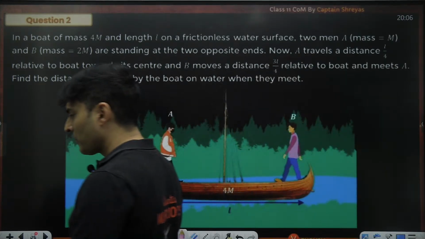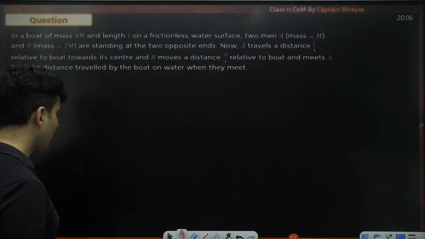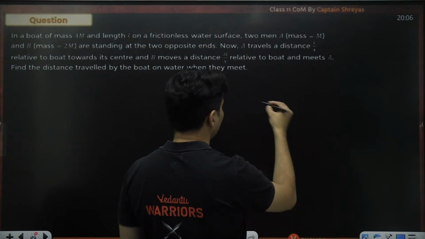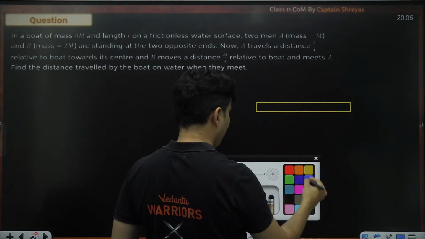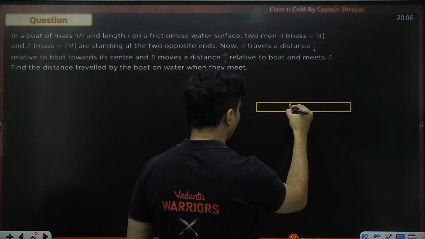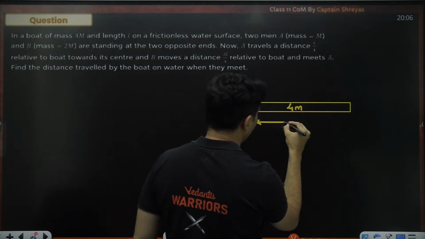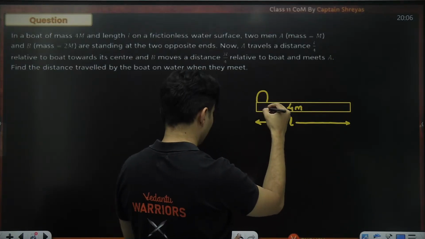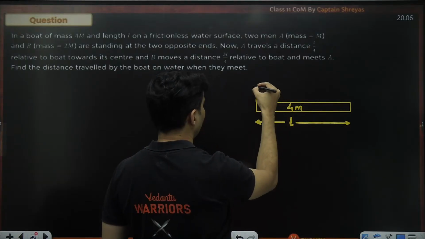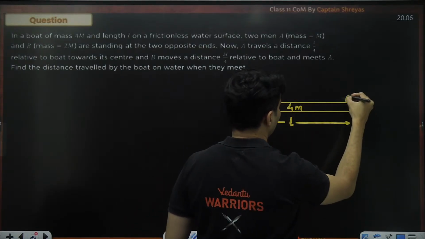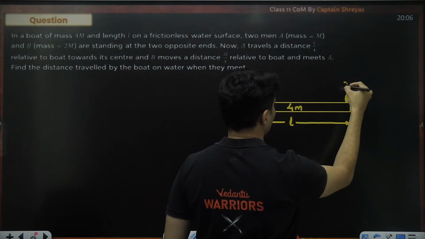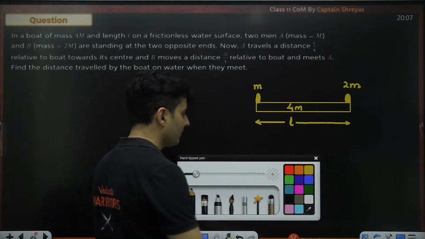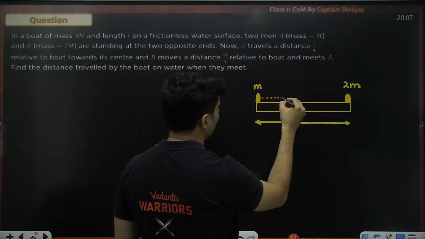Interesting. Okay, let's draw a simplified version of them and think what exactly might be happening. This is our boat of mass 4m and length L. Here we have one person whose mass is m, another whose mass is 2m, and finally they will meet over here.